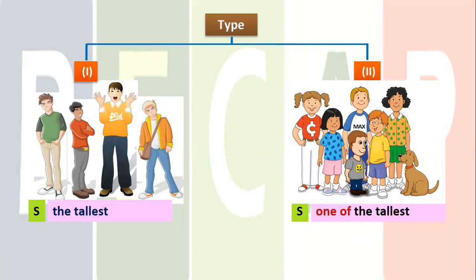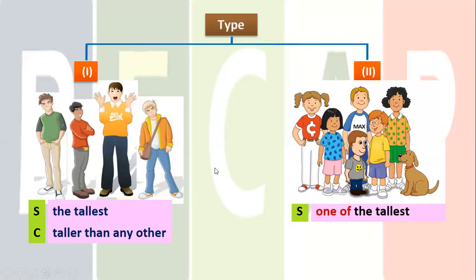On the left hand side, that is the tallest, we can see that the person has no competition. While on the right hand side, when I say one of the tallest, there is a little competition for the person compared. Same goes with comparative degree.